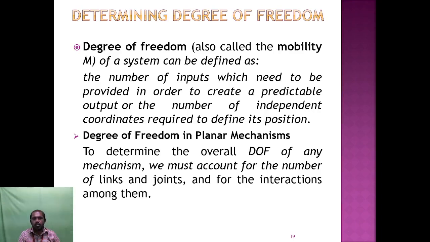Next is how to find the degree of freedom for any rigid body, machine or mechanism. The degree of freedom is the mobility of the system: the number of independent inputs which need to be provided in order to create a predictable output, or the number of independent coordinates required to define a position.